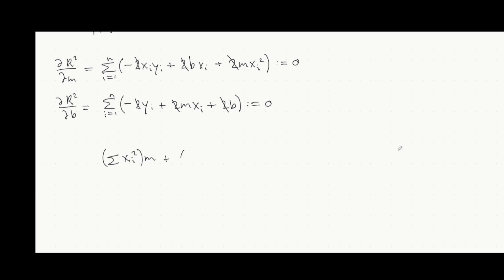And then just the sum of the xi values is the coefficient for b, and we'll move that other term onto the other side, which is the sum of xi yi. And then for the other equation, the coefficient for m is the sum of the xi values, and the coefficient for b is just the sum of 1's. Well, if we add 1 up n times, we just get n. And then the term we move to the other side is the sum of the yi's.